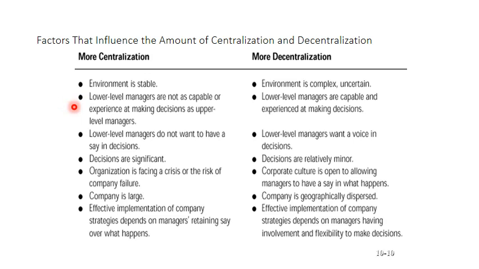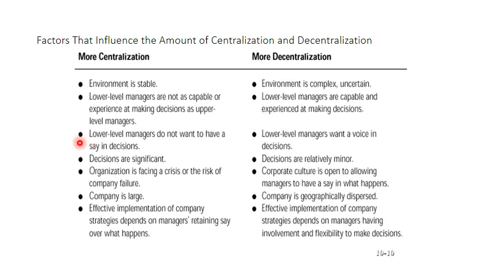In centralization, lower level managers are not as capable or experienced at making decisions as upper level managers. That means there is a lack of experience in lower level managers in the decision making process. While in decentralization, lower level managers are capable and experienced at decision making.